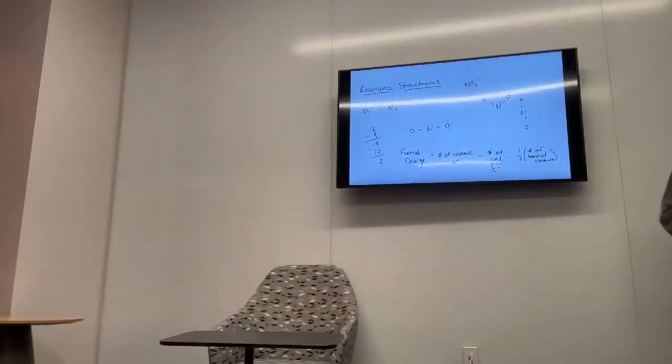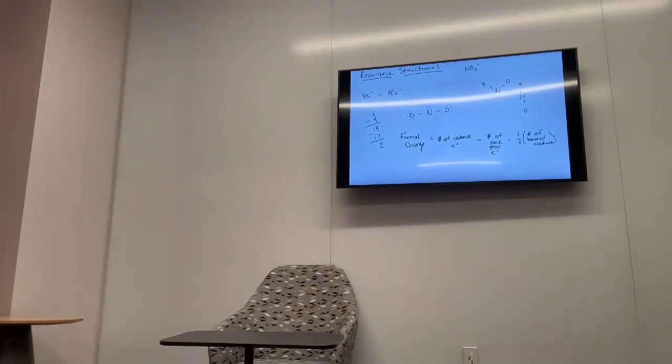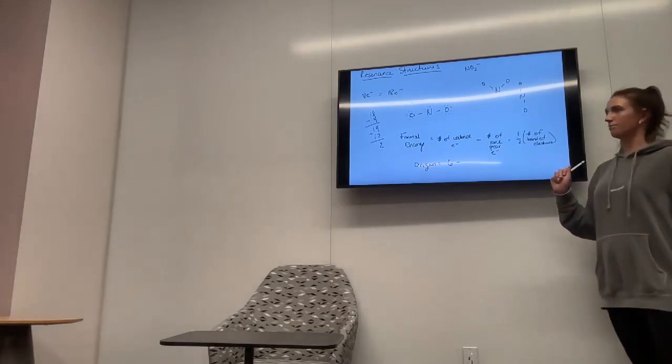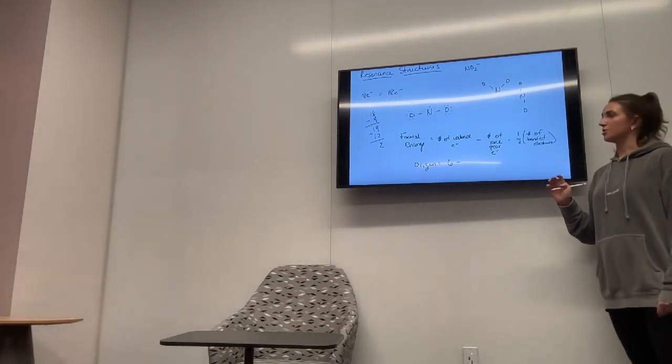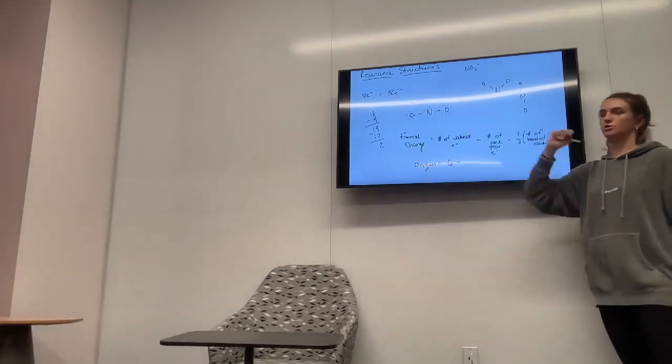So if we were to calculate the formal charge of oxygen here, it doesn't matter which one we're using, since they look the same right now. How many valence electrons does oxygen usually have according to the periodic table? 6. How many lone pair electrons do we have for oxygen in our structure so far?